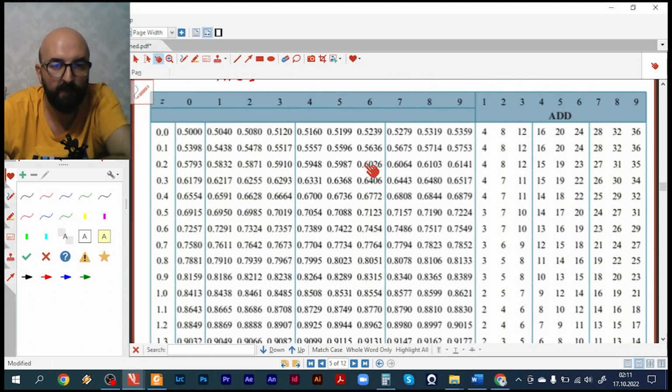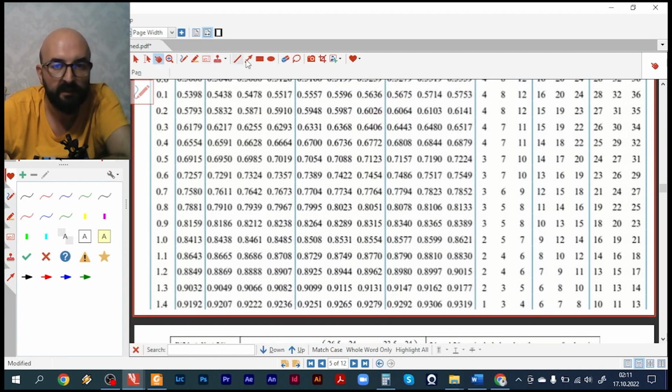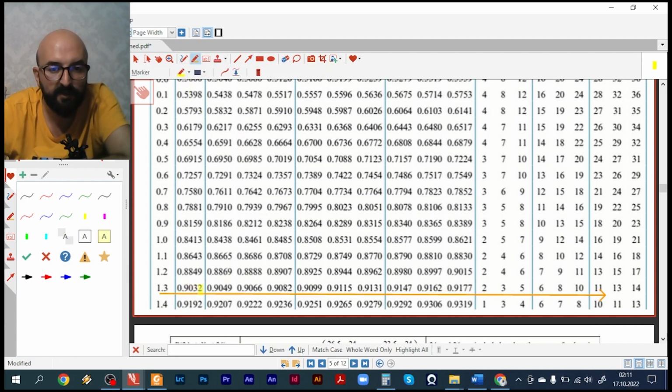Okay, now look at the table and 1.327. 1.3 is here and 1.312, but we have the digit 7.